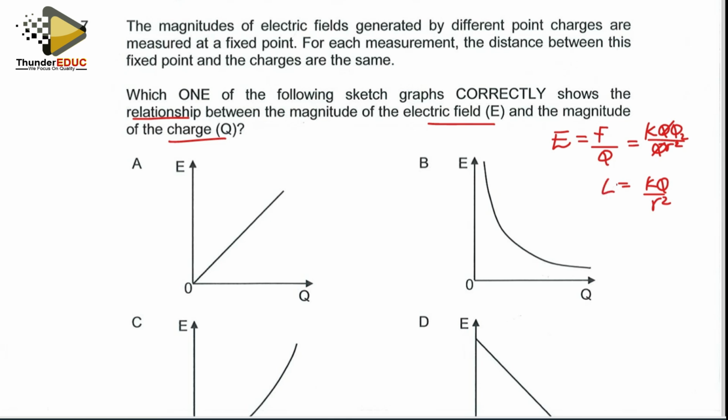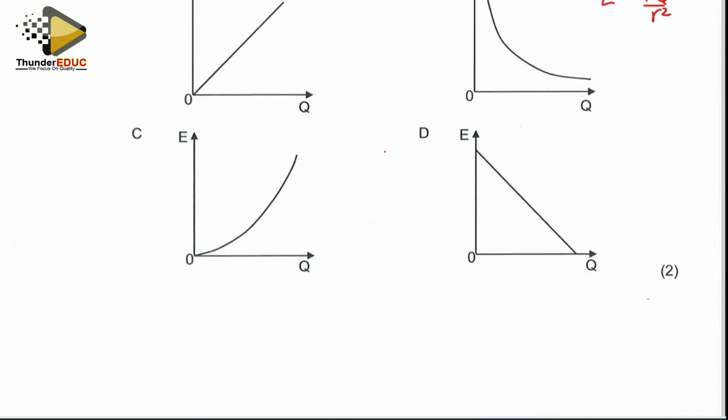So you can just get this from the formula page straight away. Okay, so we can see that the electric field is directly proportional to the magnitude of the charge. Okay, so option A will be perfect. So as the Q increases, so will the electric field.